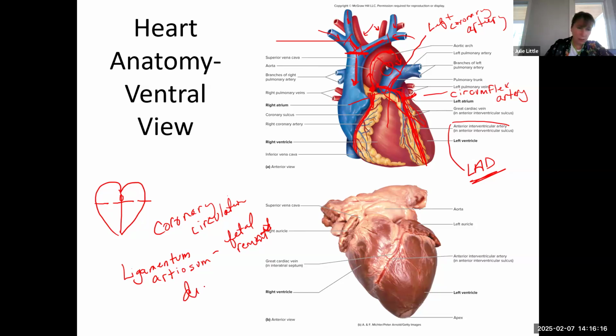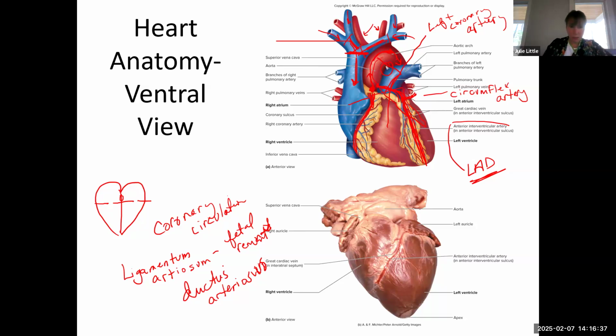And the shortcut is called the ductus. Sorry, the artwork isn't great here. This is what I'm working with. Arteriosus. So the ductus arteriosus becomes the ligamentum arteriosum.